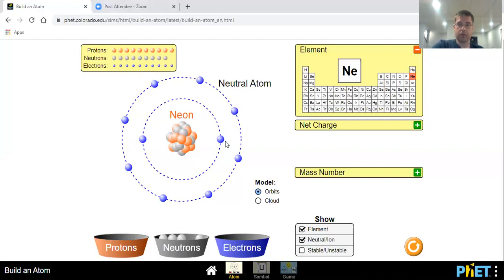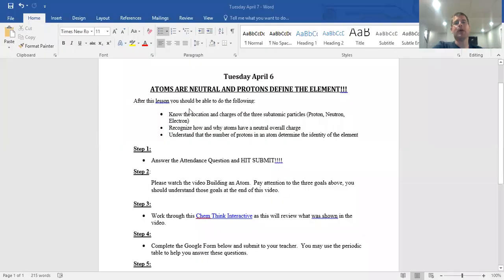So I'm going to hit stop screen share. And now I'm going to go back to our goals and reflect for a minute. So it says here, number 1, know the location and charges of the 3 subatomic particles, proton in the nucleus, positive. Hold on, wait a minute, share screen, hold on, my bad. There we go. So right here, protons, positive in the nucleus, neutrons, neutral in the nucleus, electrons, outside, negative, okay?